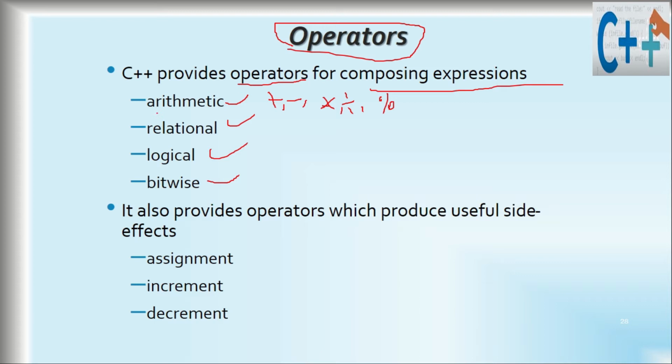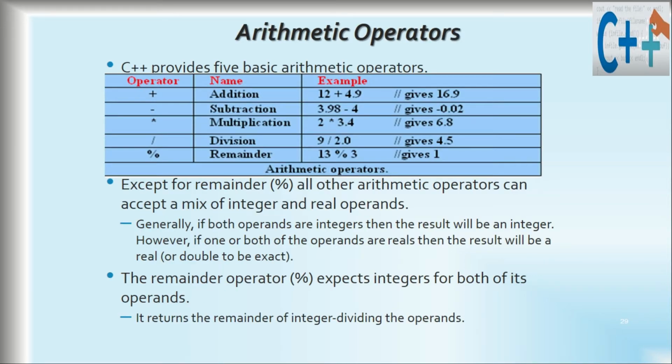Relational operators, logical operators, bitwise operators have their own application area with their own meaning. It also provides operators which produce useful side effects: assignment, increment, decrement. We will see them in coming sessions.